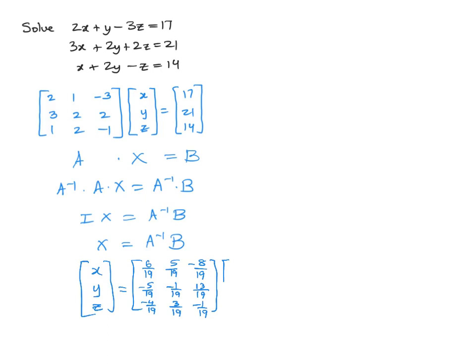And then the B matrix is still 17, 21, 14. And I'll move over to the right here. So I'm reporting what the calculator told me was A inverse, and of course I'm recopying what B is. And then I let the calculator do this multiplication, so I just hit the times button.